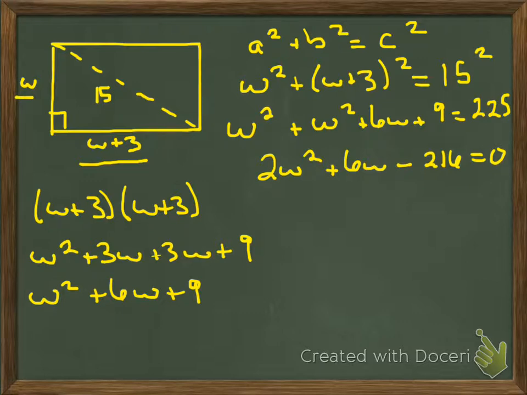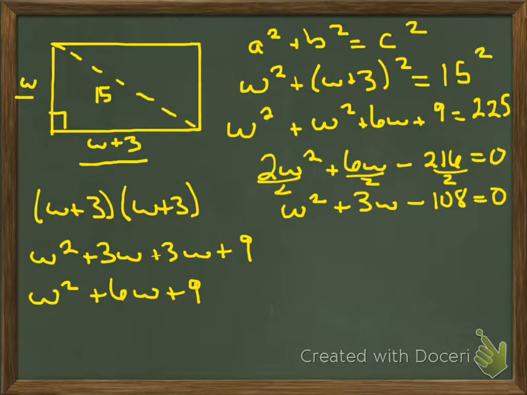So if you factor out a 2, we get w squared plus 3w minus 108 equals 0. All I did was divide everything by 2. Okay? So now, when we do our factorization, we should get, let's see, how would we write that? It would be w squared plus 9w minus 12. I'm writing a y, I'm not sure.